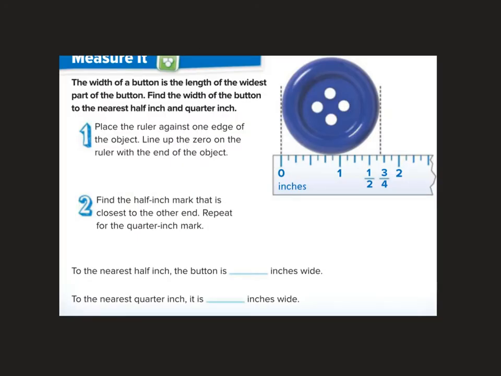The width of a button is the length of the widest part of the button. Find the width of the button to the nearest ½ inch and quarter inch. There's going to be 2 answers for this here. Okay, so we know that this would be 1½ and then this part right here is 1 1/4 inch.